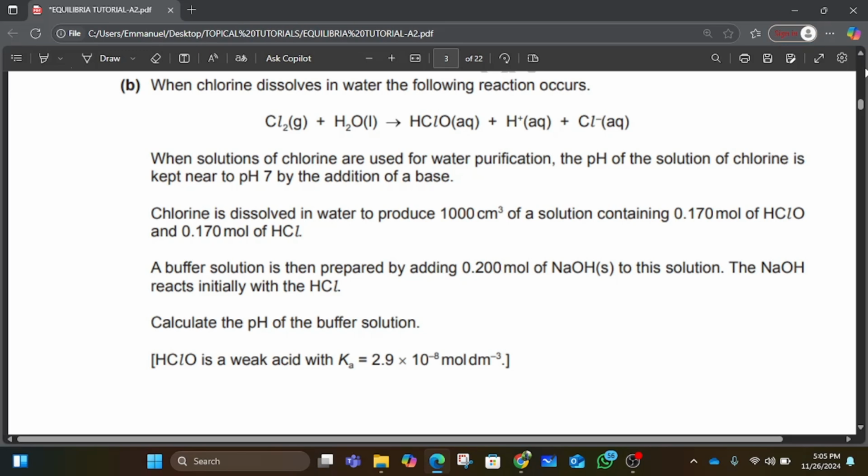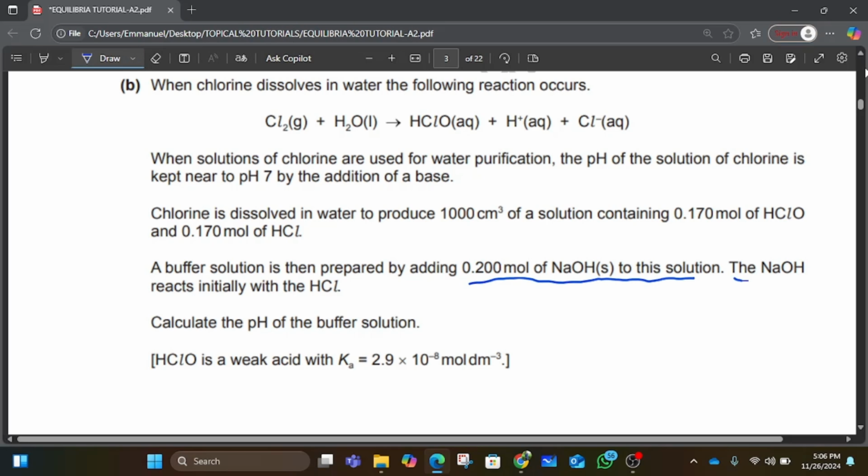Chlorine is dissolved in water to produce 1000 cm³, which is the same as 1 dm³, of a solution containing 0.170 mole of HClO and 0.170 mole of HCl. A buffer solution is then prepared by adding 0.200 mole of sodium hydroxide to this solution.